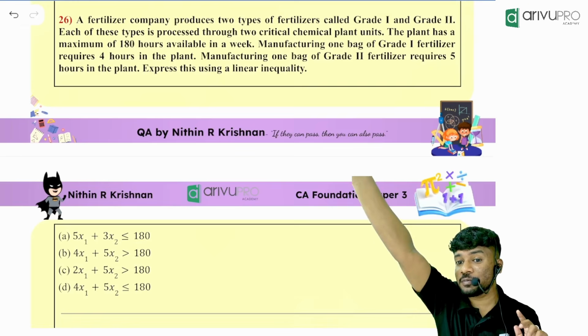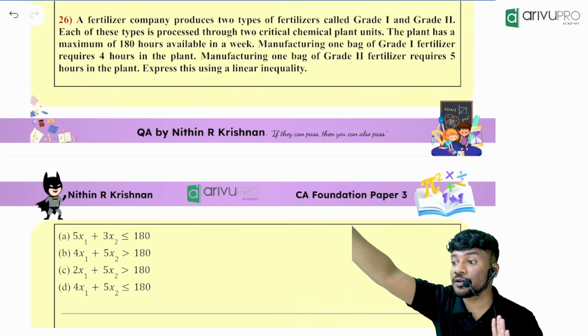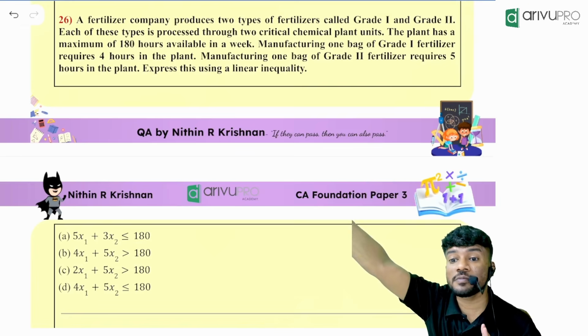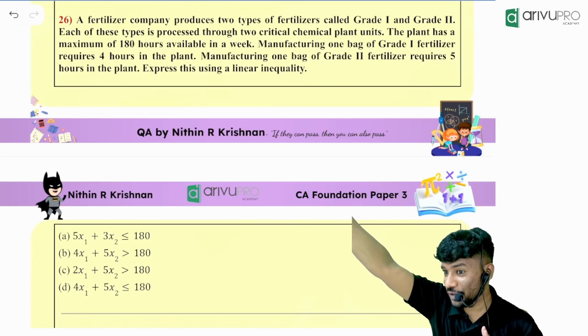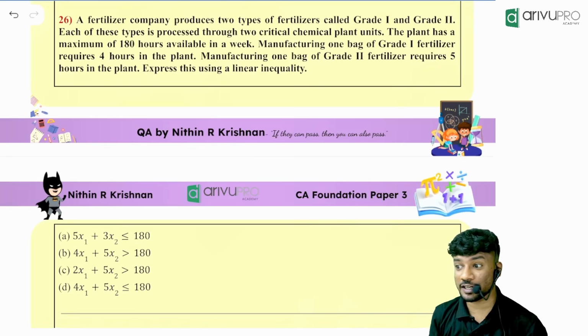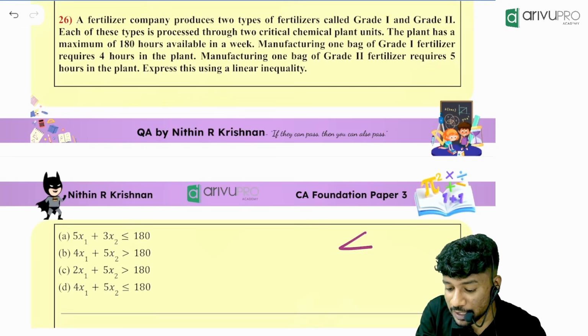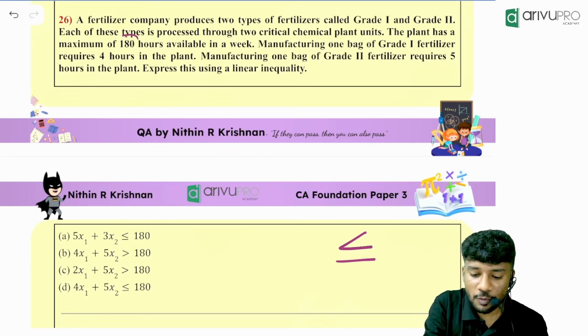Maximum of 180 means less than or equal to or more than equal to. Less than or equal to. Maximum 400 marks. Think about that. Whenever you think about maximum, you should think about the mark, maximum mark, what I can get for examination. Maximum I can get how much for quantitative aptitude? 100. That means it will always be less than or equal to how much?